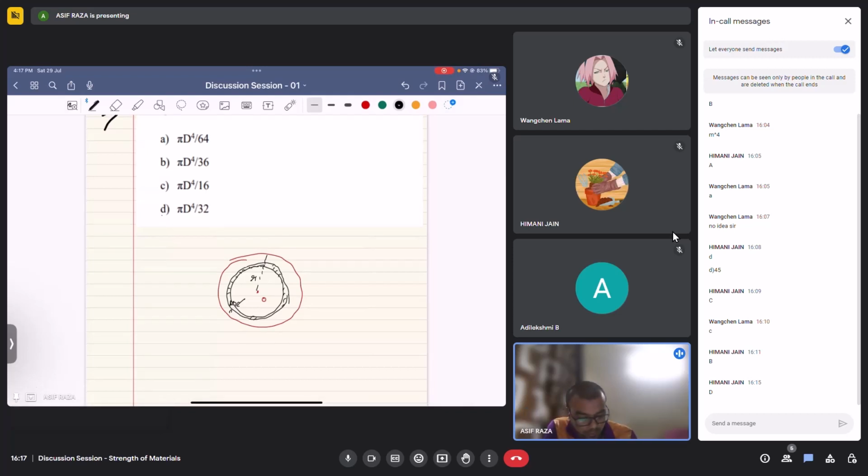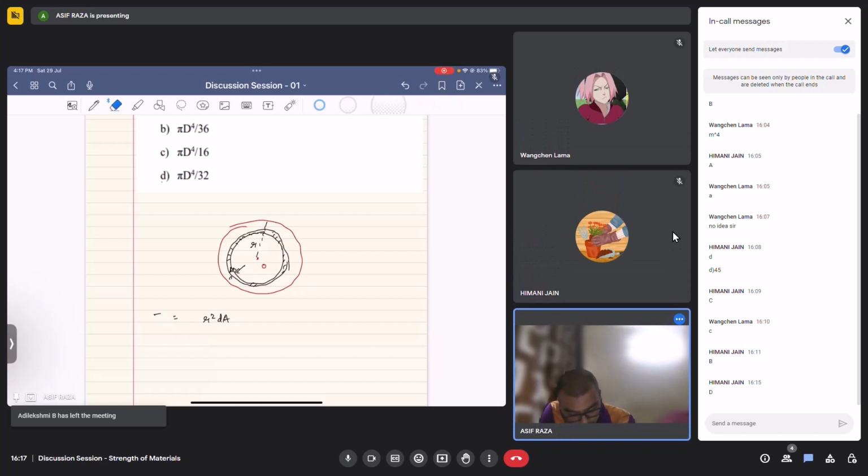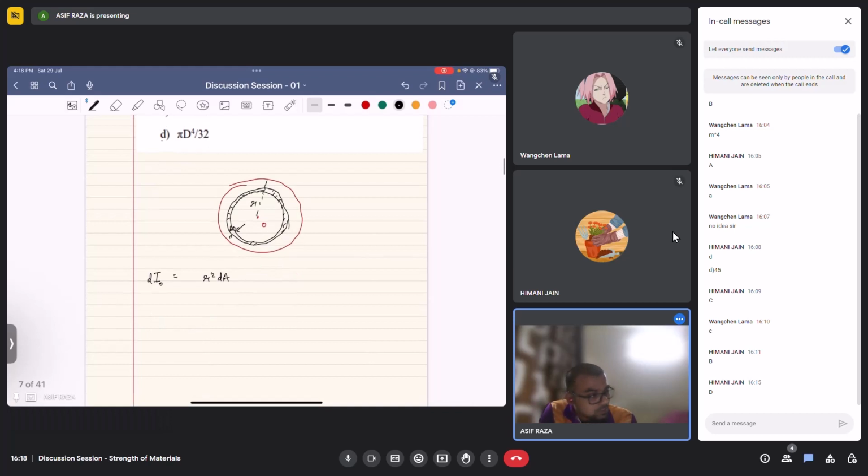What would be the moment of area of this small element? It would be r square times the area of that element, so I'll write this as dI. That is r square dA, where dA would be 2 pi r dr: the circumference of this strip into the width.